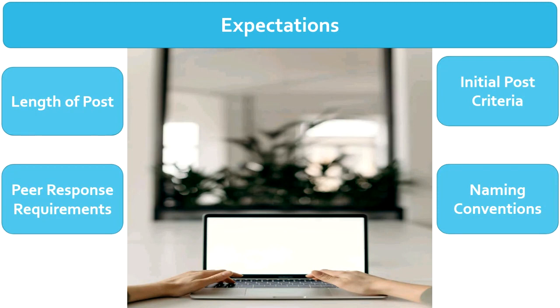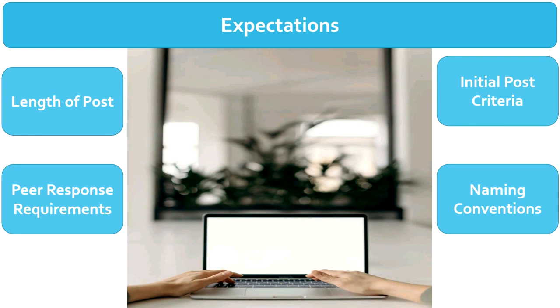And even in your initial post criteria, try to put in as many specifics as possible. Do they need to include any resources? Do they have to put citations? Or do they have to use examples from the textbook? Make sure that whatever requirements exist, you put them in the question itself.